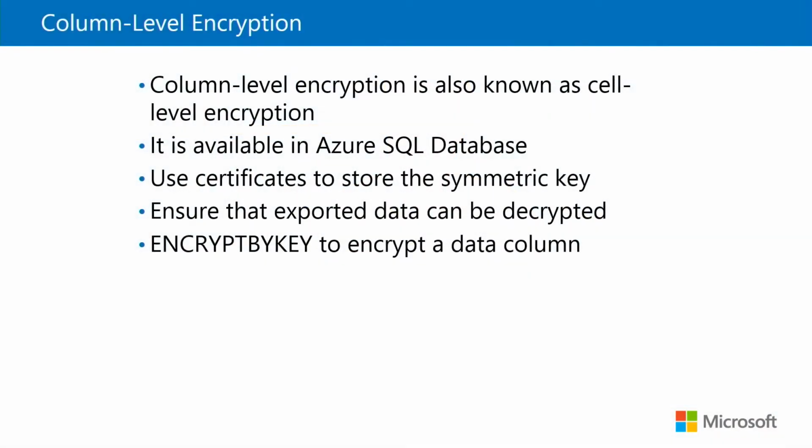We can use this in Azure SQL Database, and it was actually implemented in Azure SQL Database to provide backward compatibility with a feature that was also available in on-premise SQL servers. It uses a certificate to store the key that's used for the encryption and the decryption. You have to make sure that the data can be decrypted by providing access to that key. That's very important. And we would implement this in Transact SQL by using the ENCRYPTBYKEY function to encrypt the column itself, and we've referenced the column with the ENCRYPTBYKEY option.